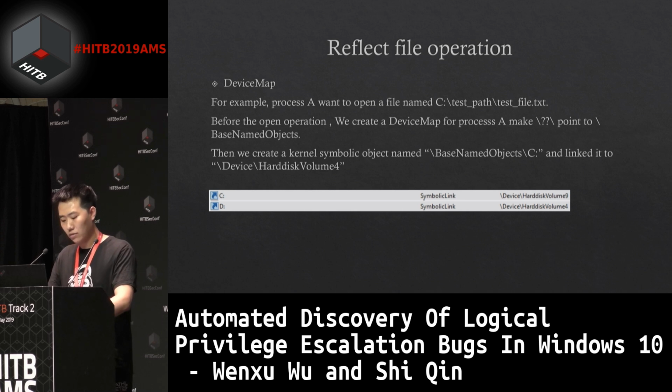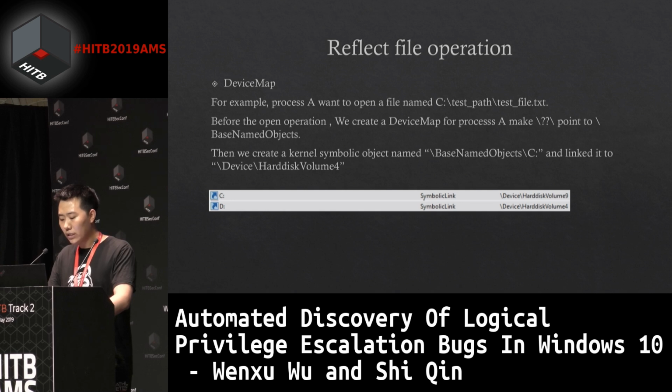For example, process A wants to open a file named C test path test file. Before the open operation, we create a device map for process A, making double question mark point to base named objects.